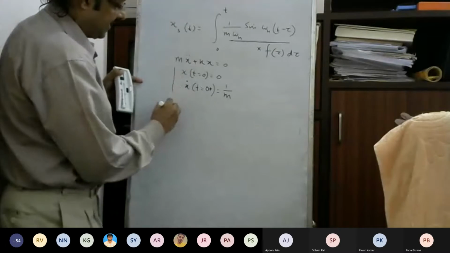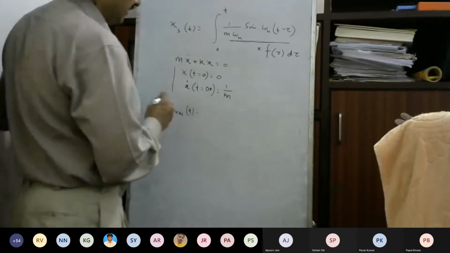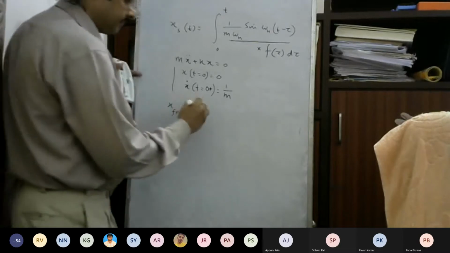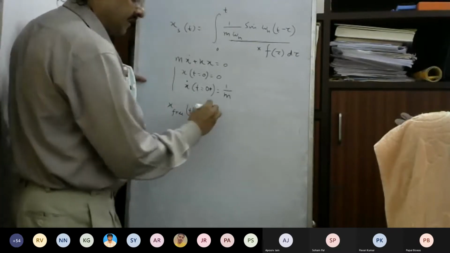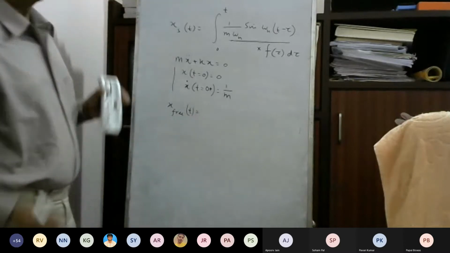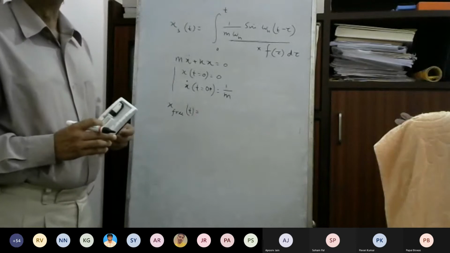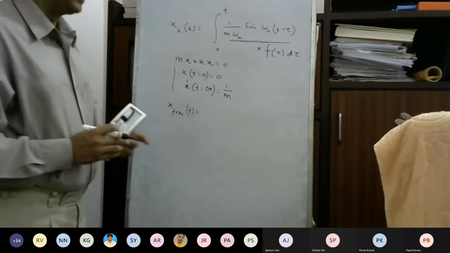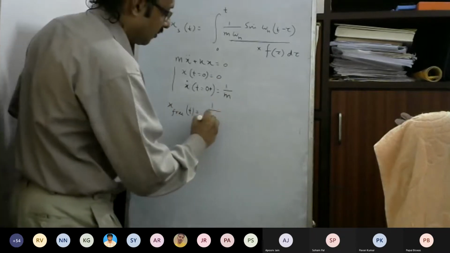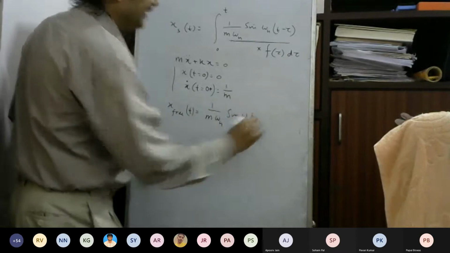And you already know x free t. If you recall, this was x naught cosine omega n t plus v naught by omega n sine omega n t. Because x naught equal to 0, this becomes 1 by m omega n sine omega n t.